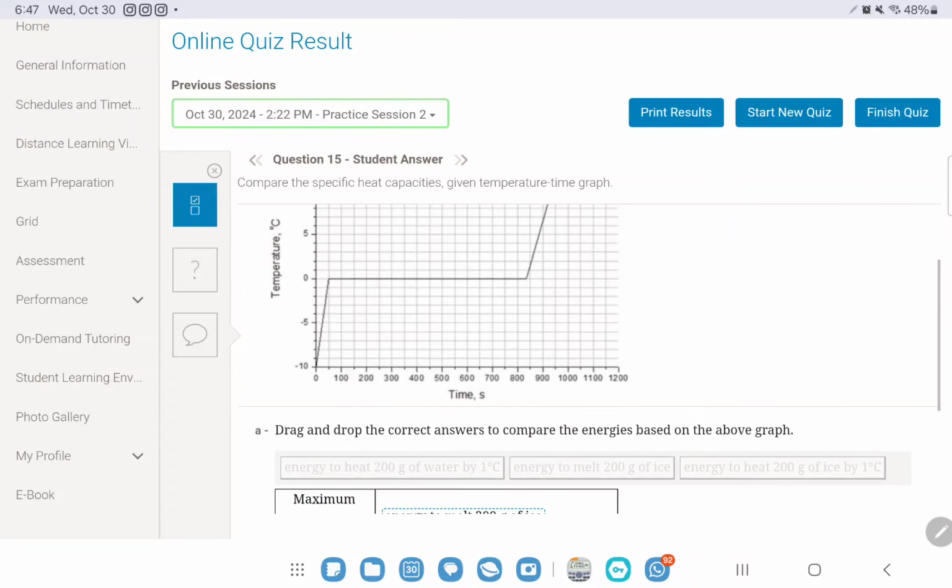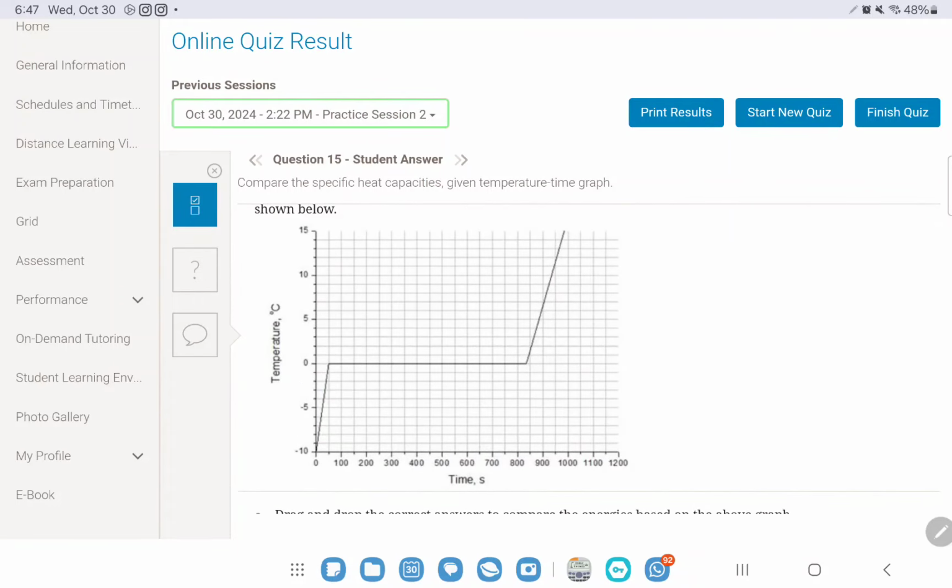But now I realized when you look at the graph, you could also do it. This point here is how much energy it took to raise the temperature of ice by 1 degree Celsius. This little thing, let me show you. This. And this was 1 degree Celsius of water.